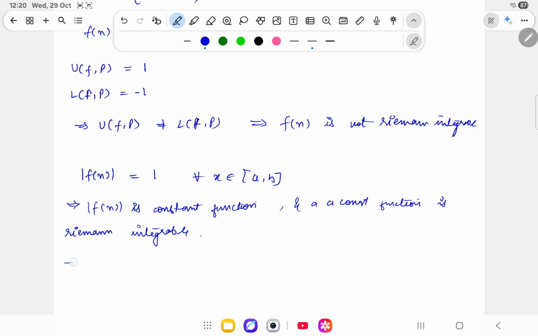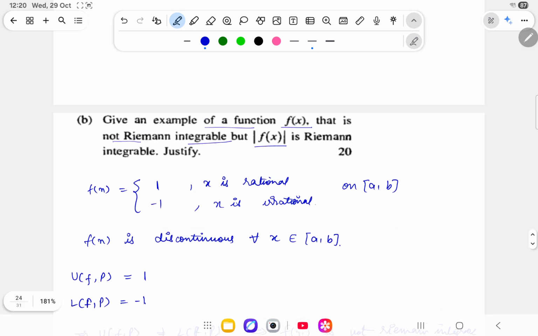So from here we got that our function mod of f x is Riemann integrable. So this completes this part as well.